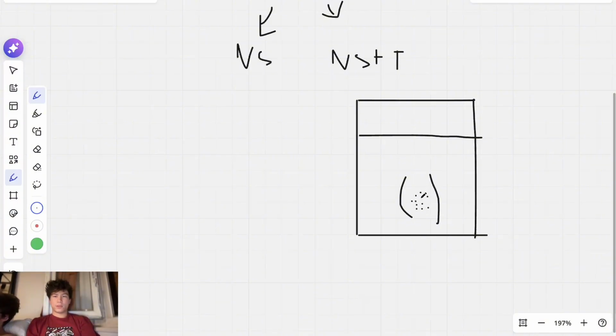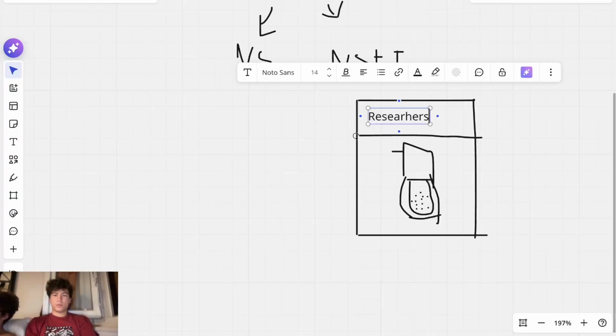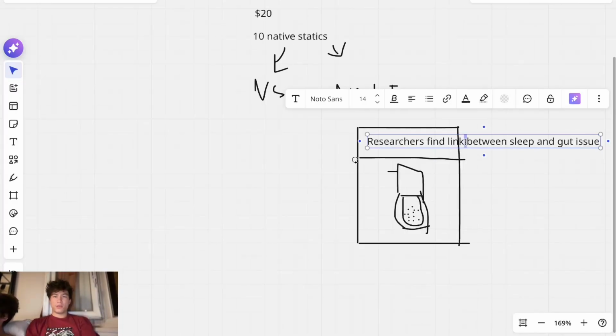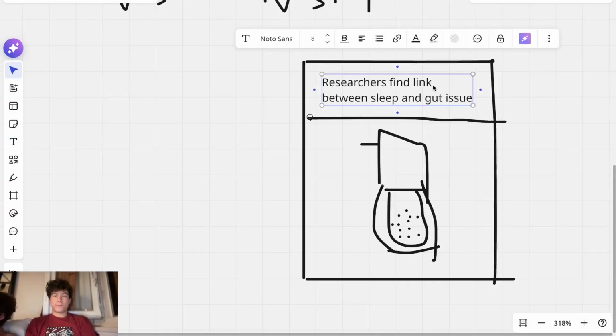I don't know how kidney stones work, it's not my market. Alright, there's my nice little toilet. Draw this for you guys. Kidney stones in the toilet, and then on the top would be: researchers find link between sleep and gut issue. And so you're targeting problem unaware going into problem aware.